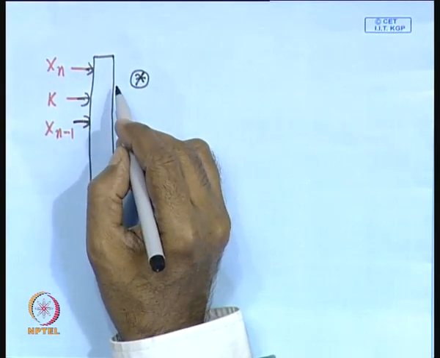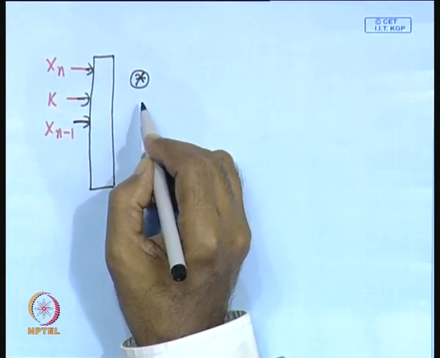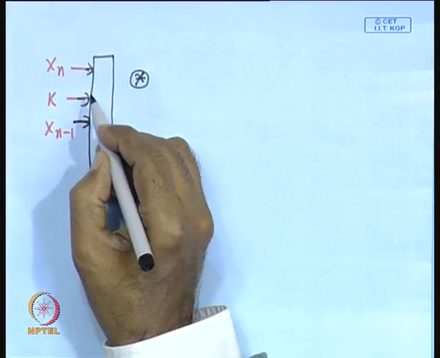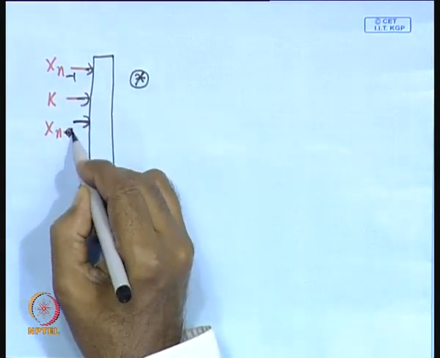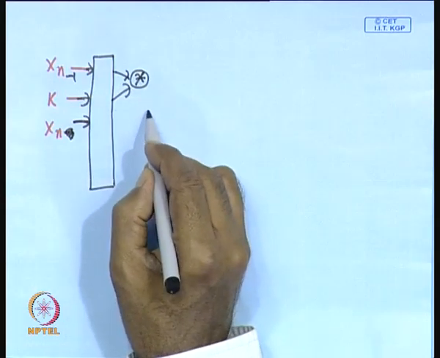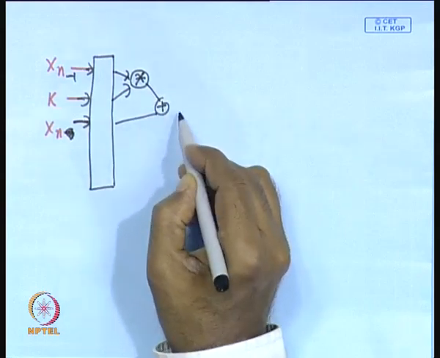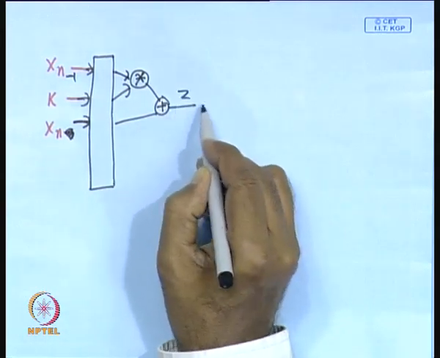So, k into x n minus 1. x n minus 1 and k, these two are applied here, and then we do addition. So, this output is coming here and this produces z.